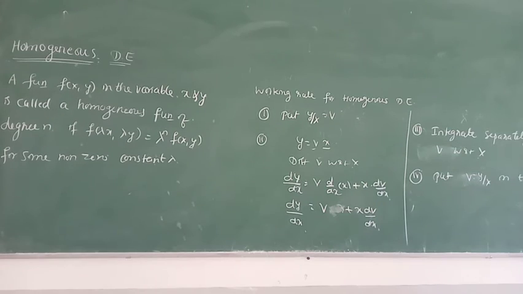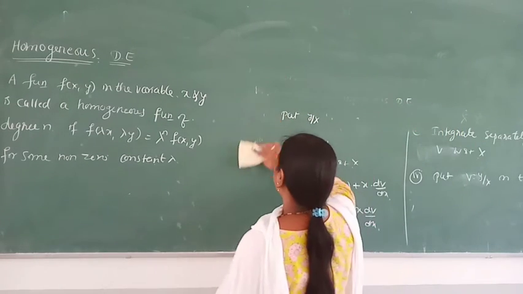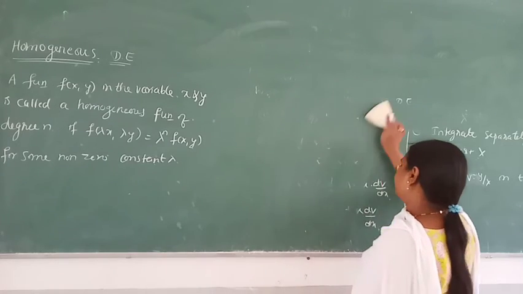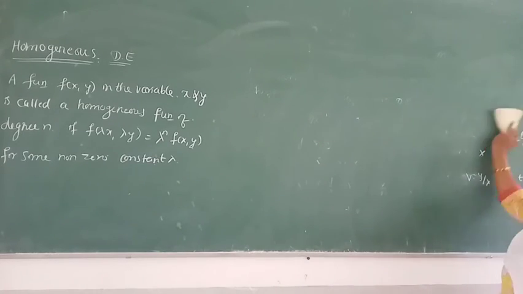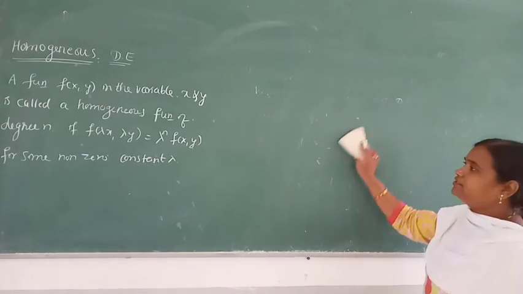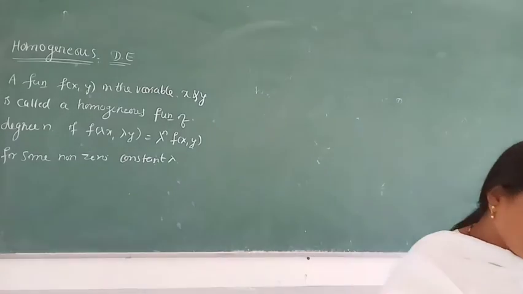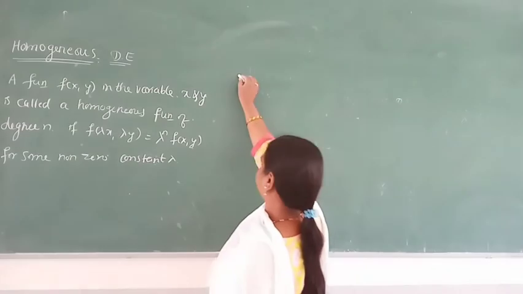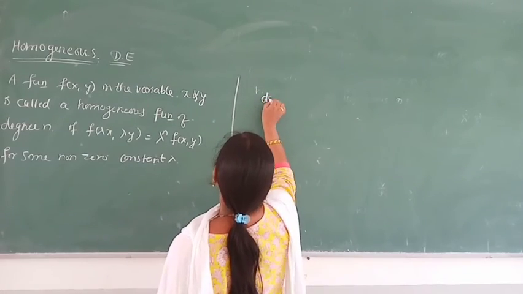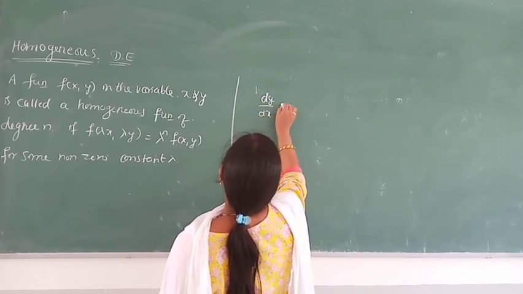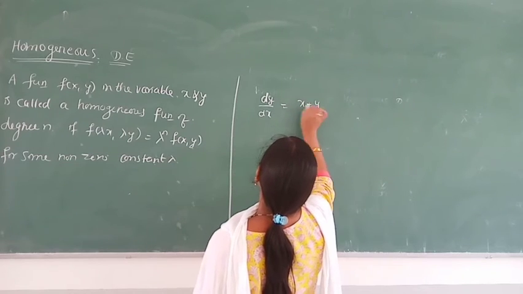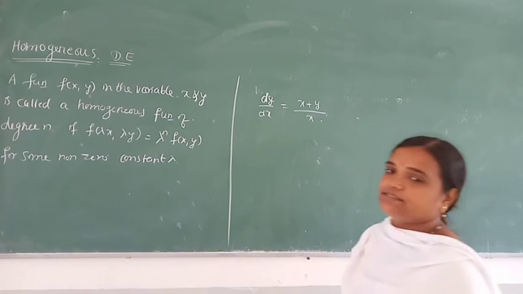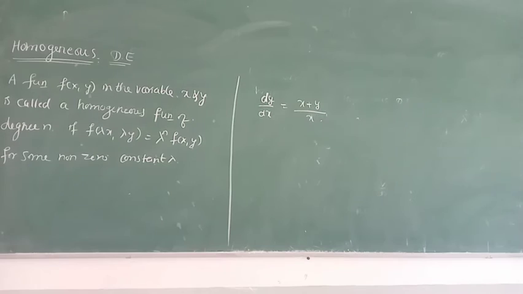Okay, this is the procedure of the calculation of homogeneous differential equation. Okay, we'll take an example based on that. First example is dy by dx is x plus y divided by x plus y by x.